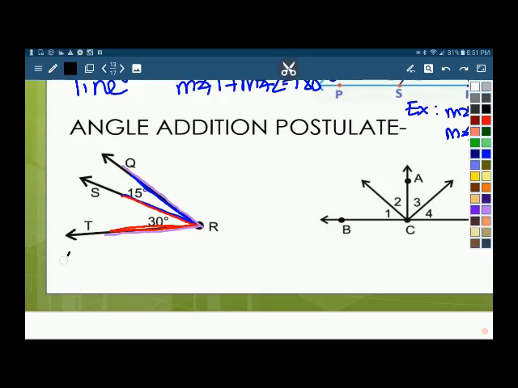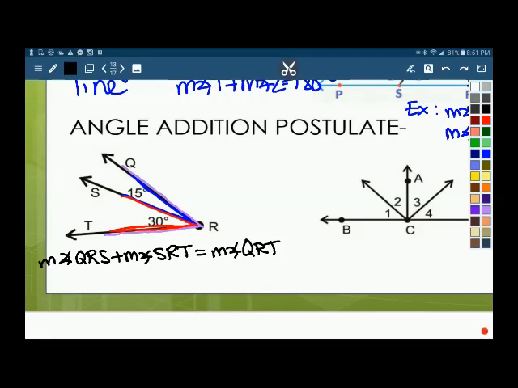I've got the measure of angle QRS plus the measure of angle SRT is equal to the measure of angle QRT. So the two inner angles, two smaller angles, are equal to the larger angle.